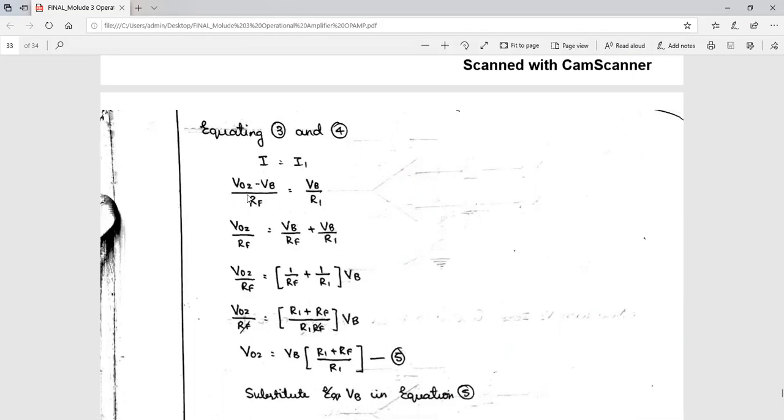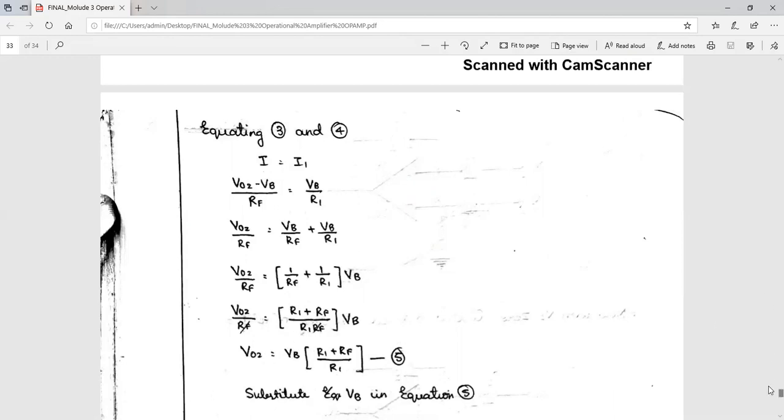That is, I am shifting all the VB terms, that is minus VB by RF, to the right hand side, where I get VB by RF plus VB by R1. Now when I take VB common and simplify, I will get R1 plus RF divided by R1 into RF. RF and RF get cancelled, and I have R1 plus RF by R1 into VB. So I have got the expression for V output 2 also.